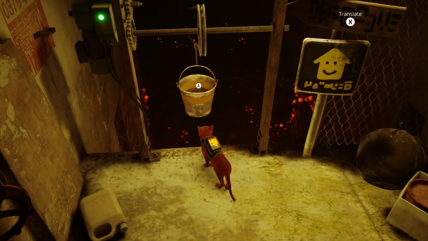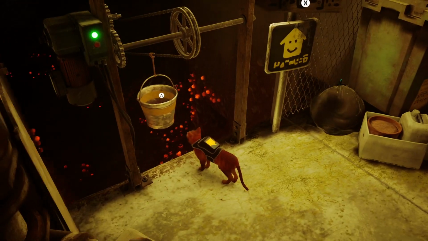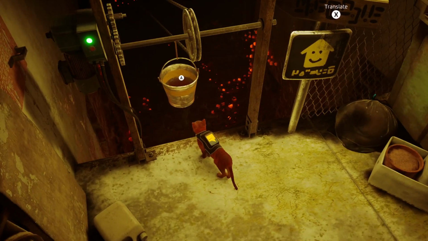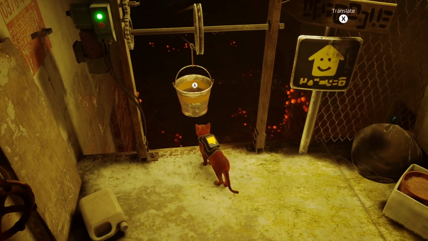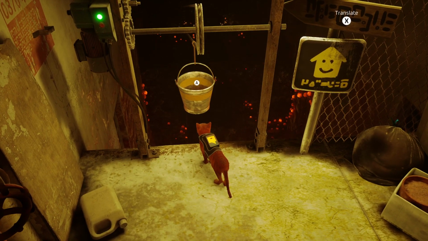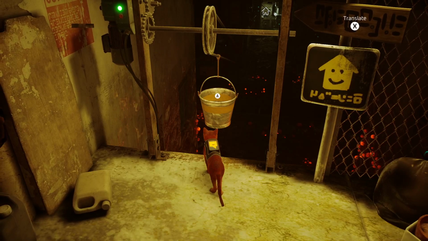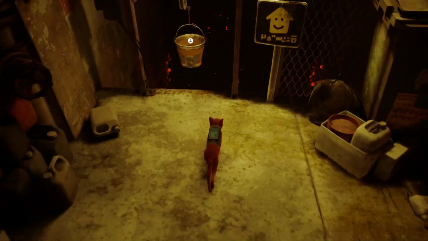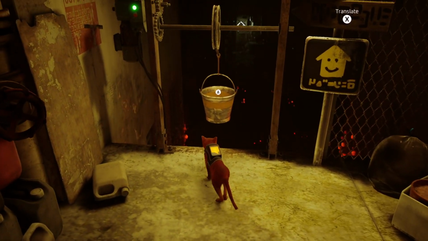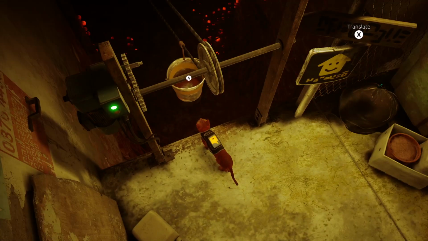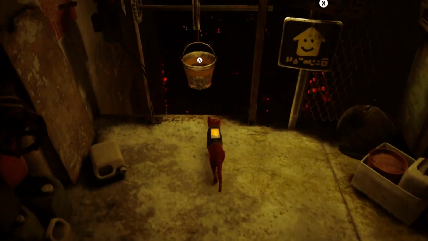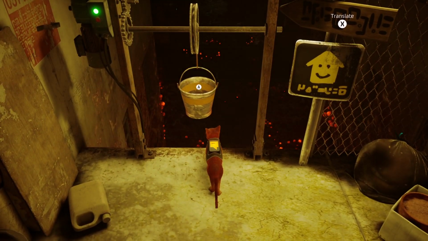Let's go in this one, and you'll notice in here, I can see the Zurks or whatever they are. The first time through this, I panicked and got killed, but it's actually not that hard to deal with compared to the first time you deal with them.